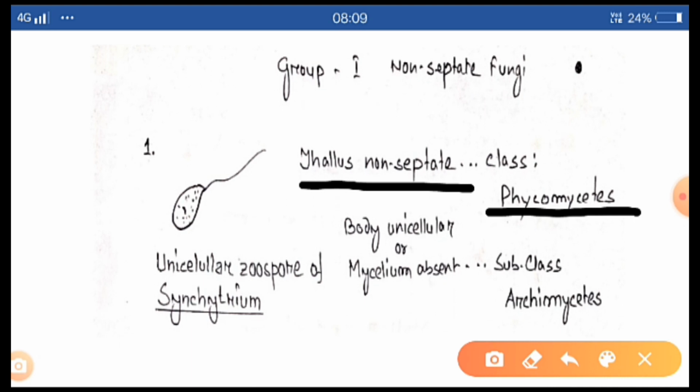And here the body is unicellular or the mycelia is absent. So we create a subclass Archimycetes under the class Phycomycetes.